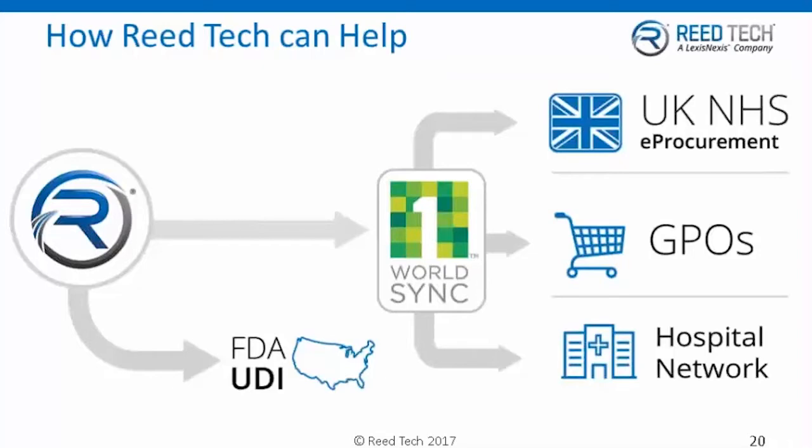And then in the event that there's changes to attributes that affect the National Health Service eProcurement program, you could then select that particular target as your export and send the data off to that agency or that particular organization.